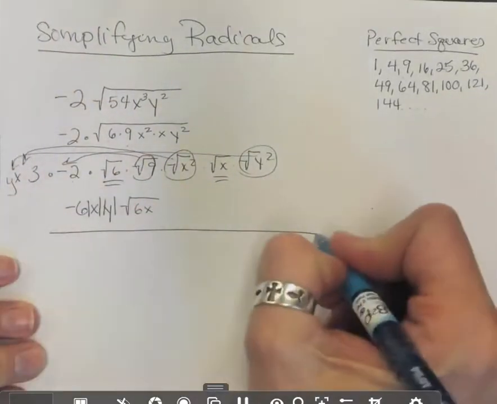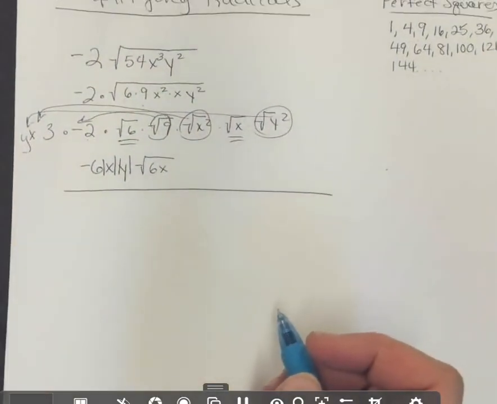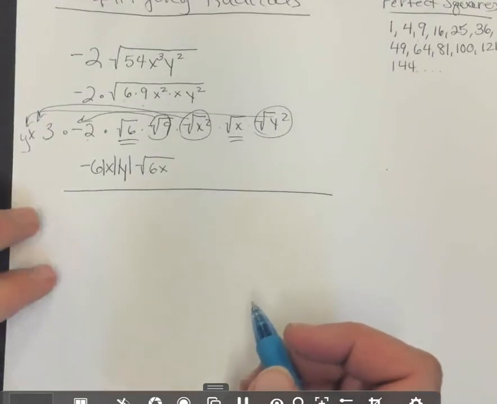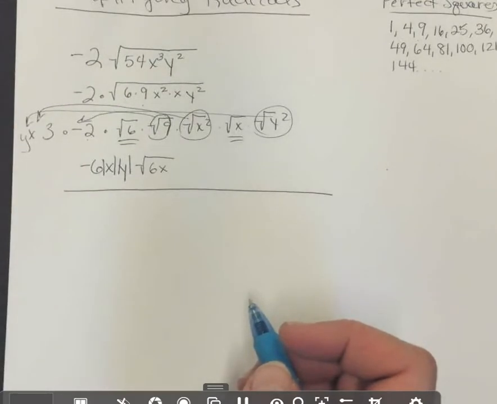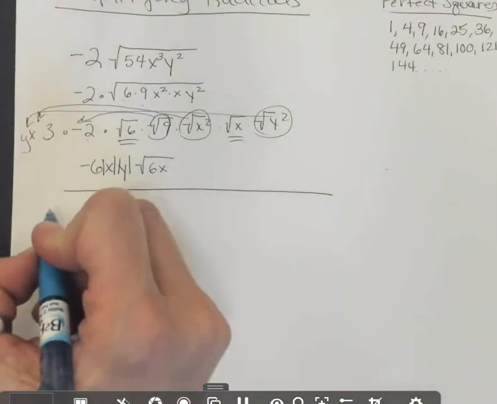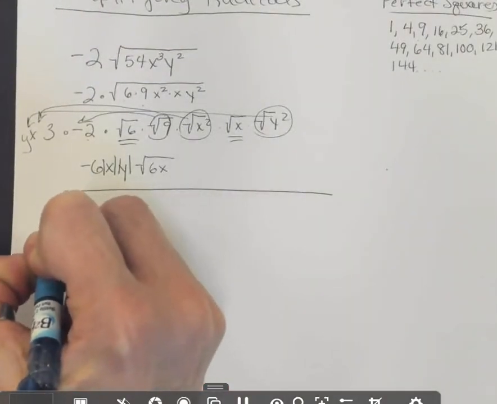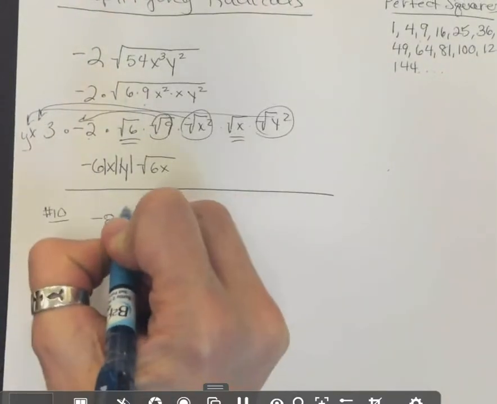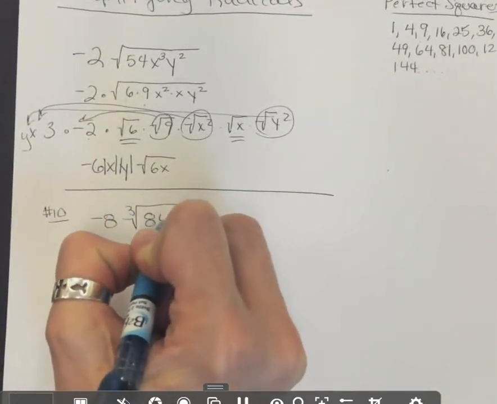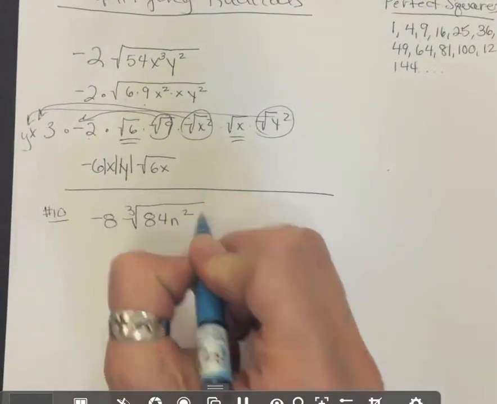Another way to do this problem, and actually we're going to do the other method on the next example that we're going to work here, let's try something like this one. This is number 10. We have negative 8 times the cubed root of 84 n squared.